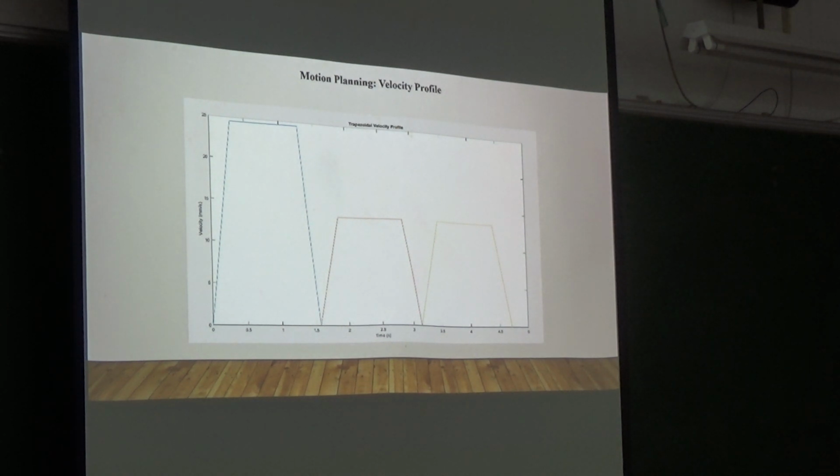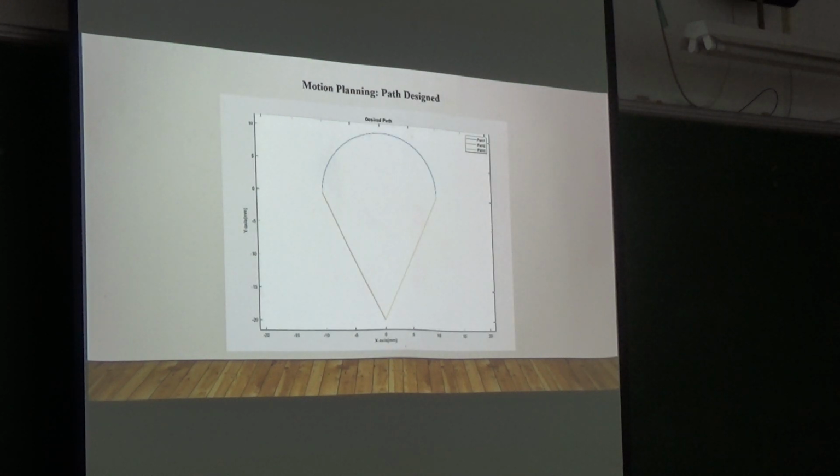Here, I use the trapezoidal velocity profile because I just want our desired path to be as accurate as possible, and for easier computation and evaluation, I divide my path into 3 parts.